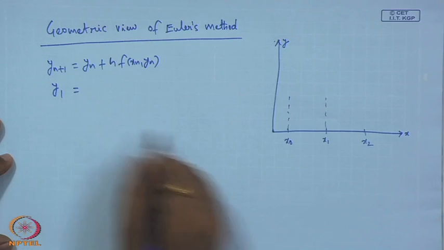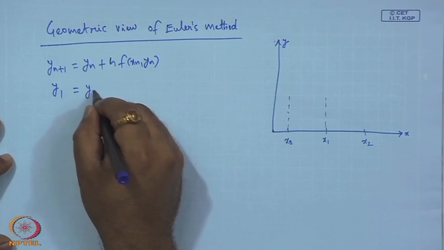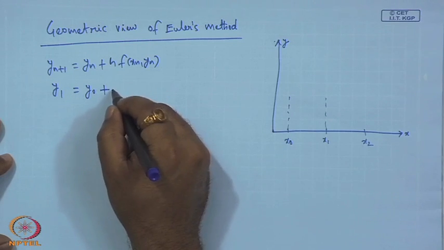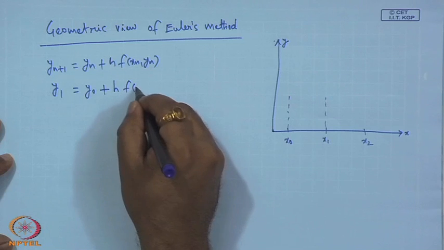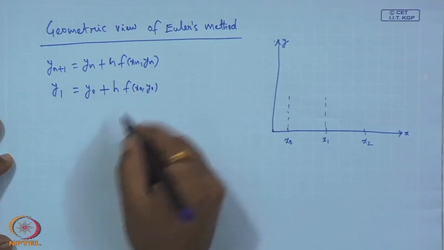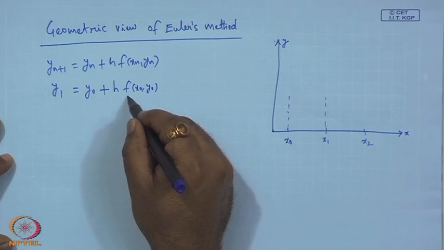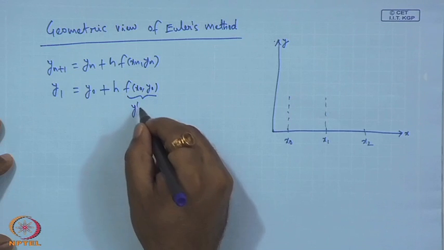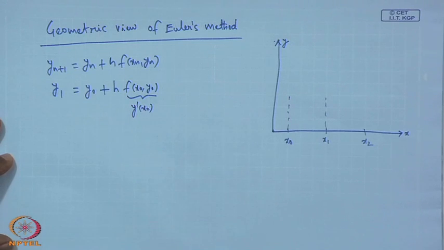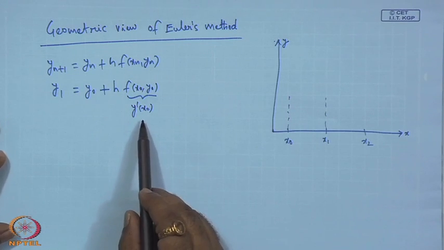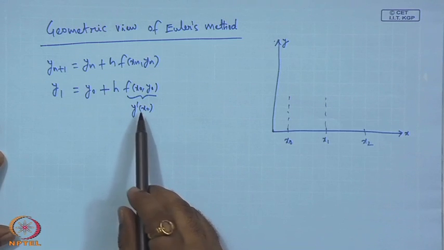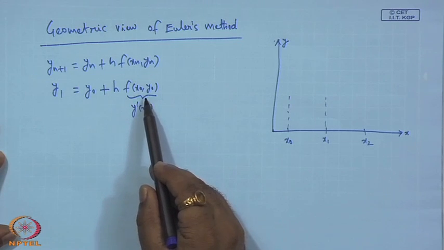If we write it down at the initial point, what is this? This is nothing but y dashed of x 0. So, what is exactly happening? Y dashed of x 0 has been approximated by this.